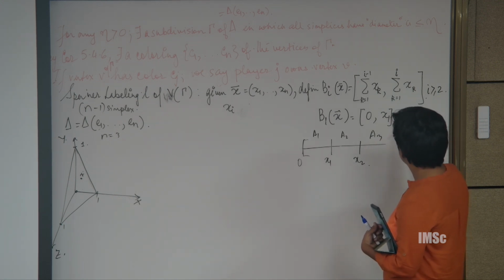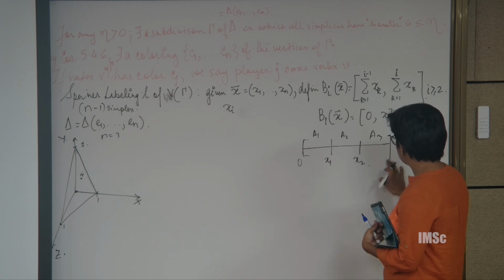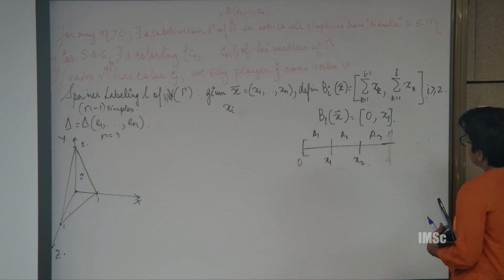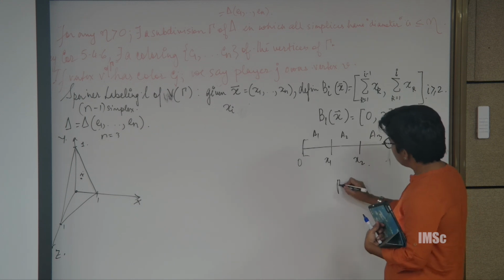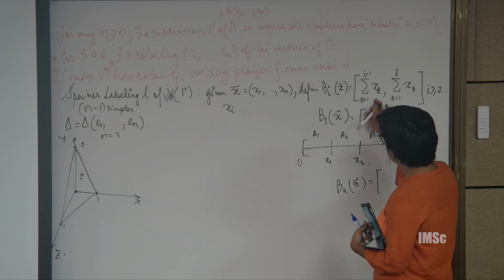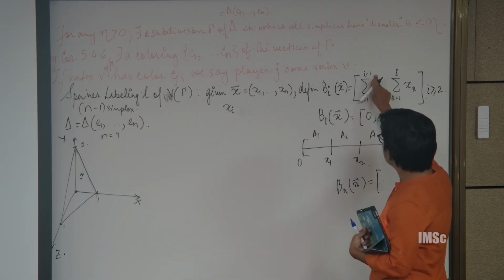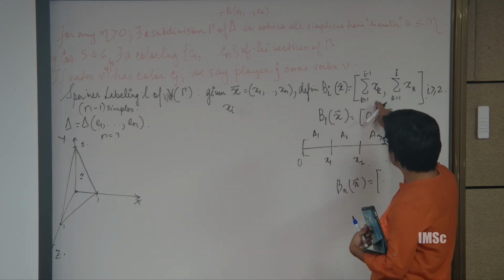Zero to x. Is this wrong? No, it should be fine. What is b_n(x) according to this notation? Because this is how they have written it, but i minus 1 does not make sense if i is 1. So, what is x_0 for instance?